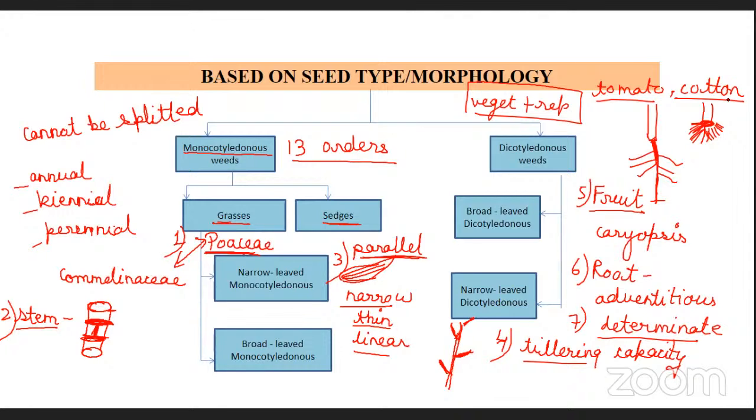And that's why in cotton harvesting is a major problem, because maybe in one branch flowering is there, but in another branch vegetative growth is there. So all the flowers or fruits do not develop at a particular time; they may be harvested at different stages.